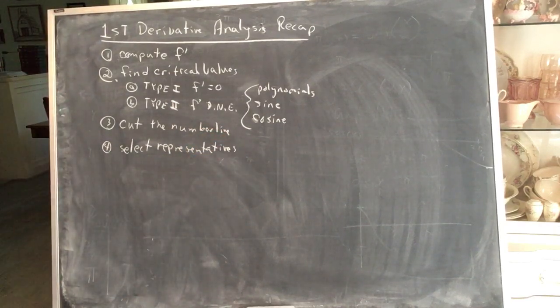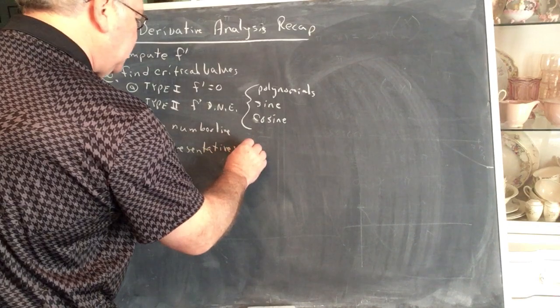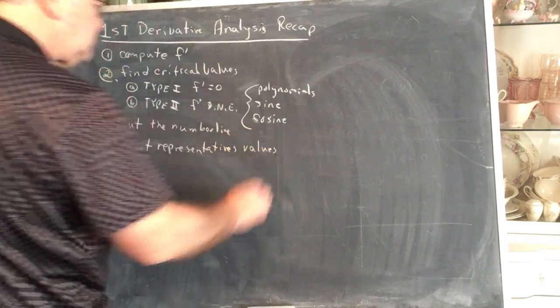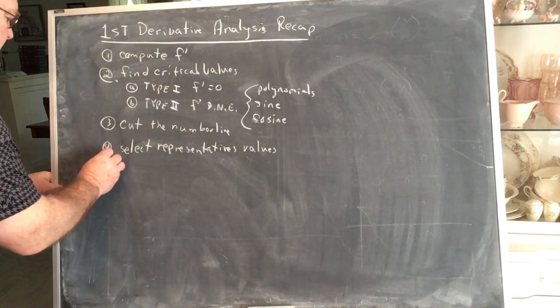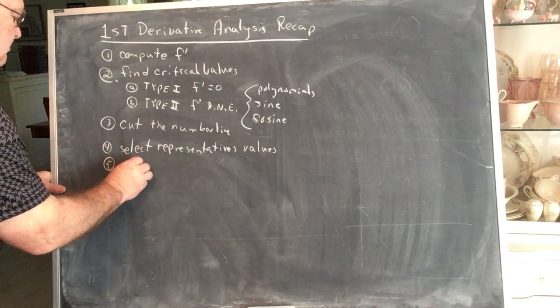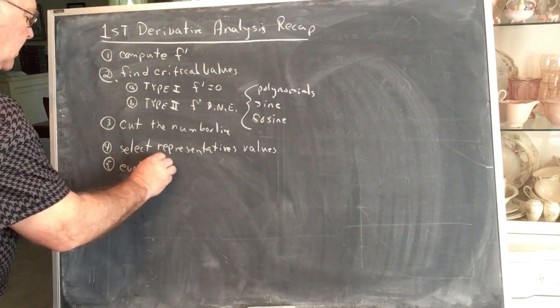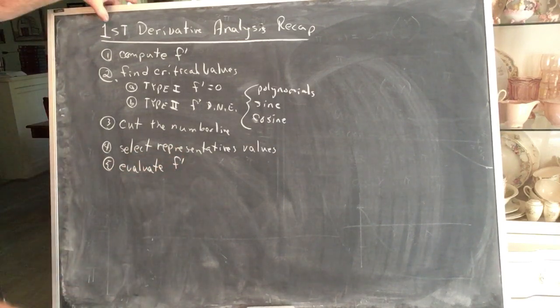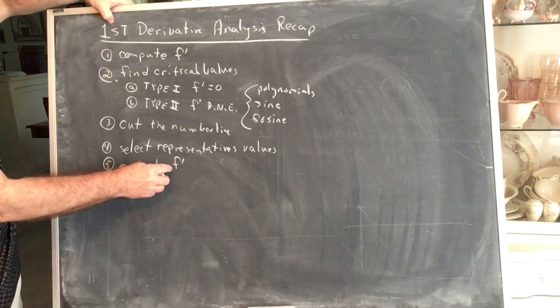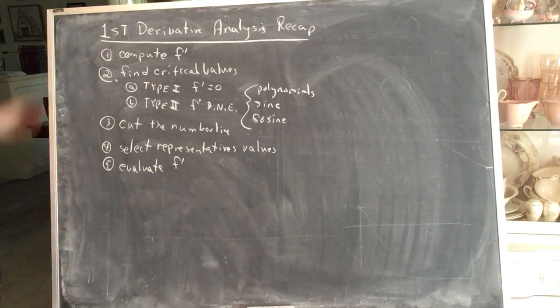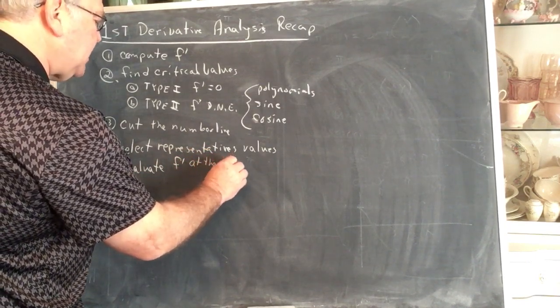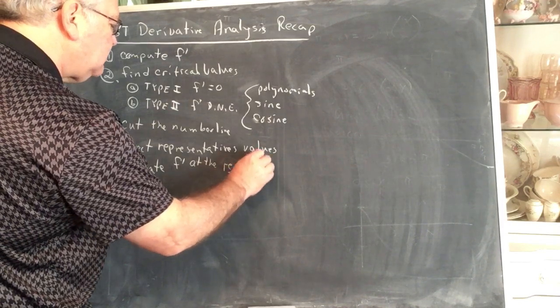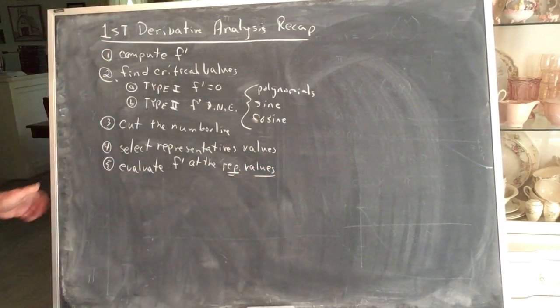You select a representative value from each of those regions and evaluate the first derivative. This is the first derivative analysis. This is the key usage of the first derivative. Evaluate the first derivative at the representative values. Not the cut values, at the representative values.